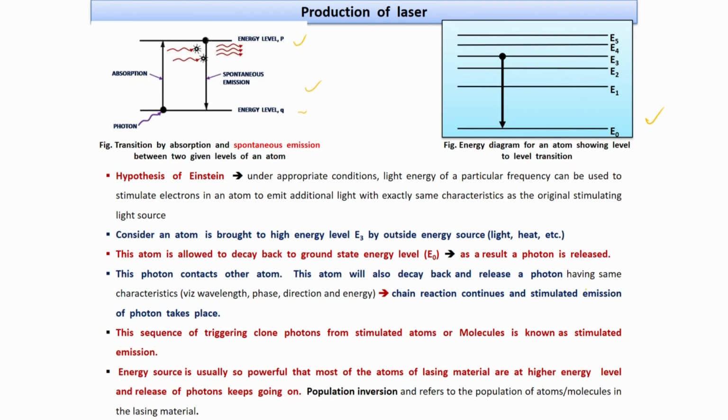So consider an atom in the second figure, brought to a higher energy level E3 by an outside energy source like light or heat. This atom is allowed to decay back to the ground state at E0. As a result, a photon is released. This photon contacts another atom in the lasing medium.